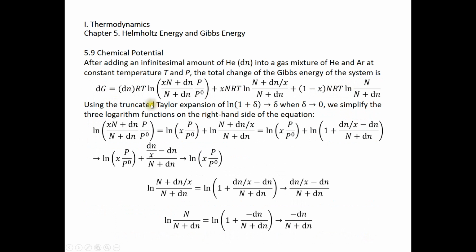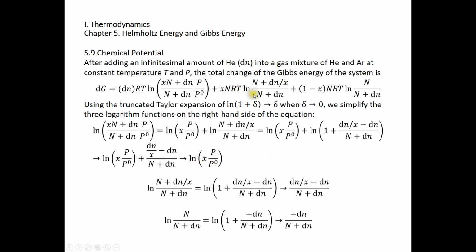So we're going to use the truncated Taylor expansion of this. The natural logarithm of 1 plus delta is really close to delta when delta is close to 0. And then we can simplify this logarithm to this. We can simplify this further into just the logarithm of x times P over P naught.